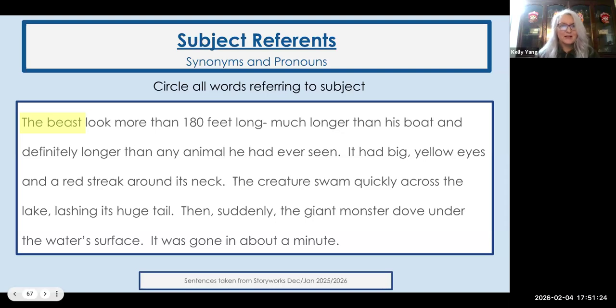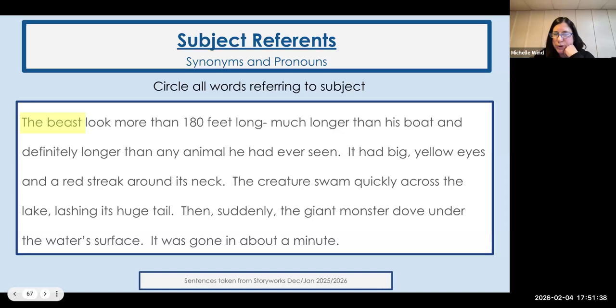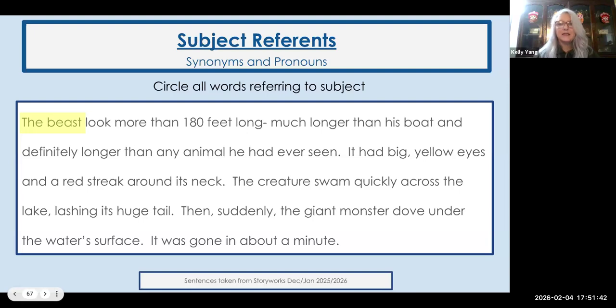If you look at this sentence, it's about Champ, a monster that lives in Lake Champlain in Vermont. This is taken straight from your instructional materials, right, Kelly? Straight from Storyworks. I just recently did this text with my students. It's from Storyworks magazine, I believe the third grade one.